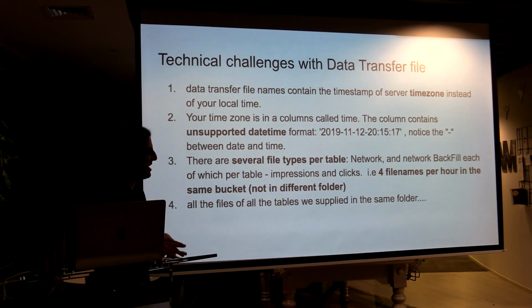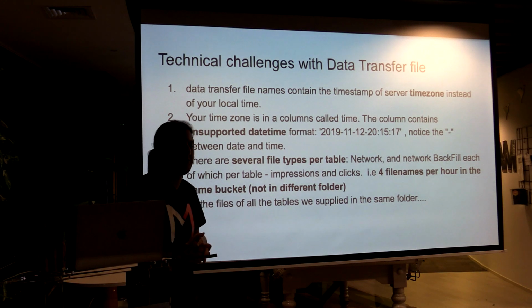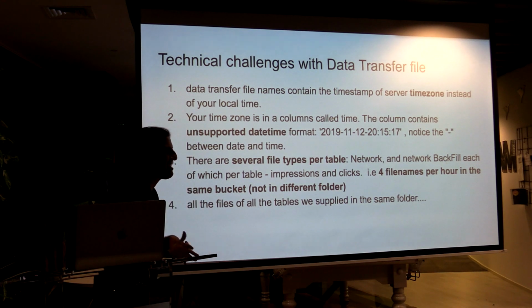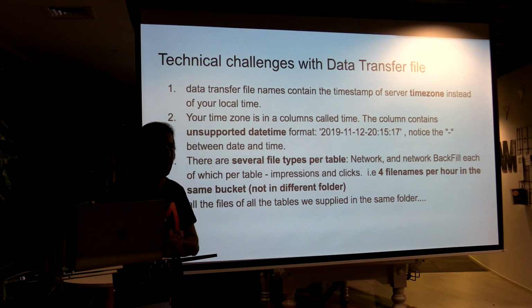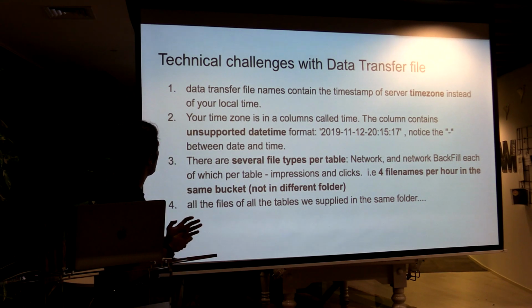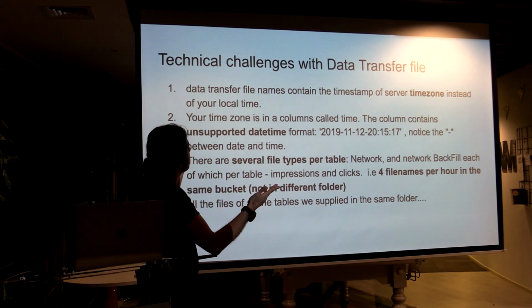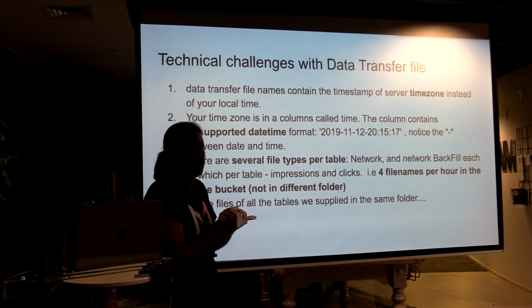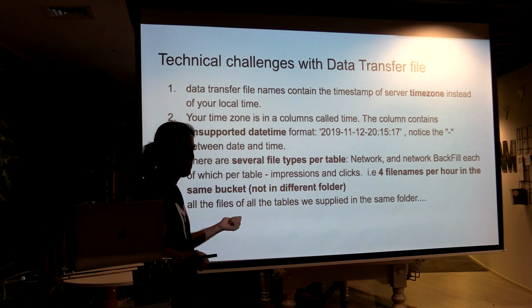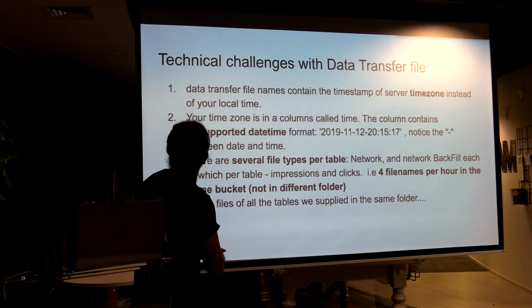Specifically, I don't know why, but the DFP team decided to send their data in a totally unparsable way, and we had to work very, very hard to parse it, to ingest it. There's no order in the time zones. For example, they send it in your local time zone, but the file name itself consists the time zone of the server side on their end.